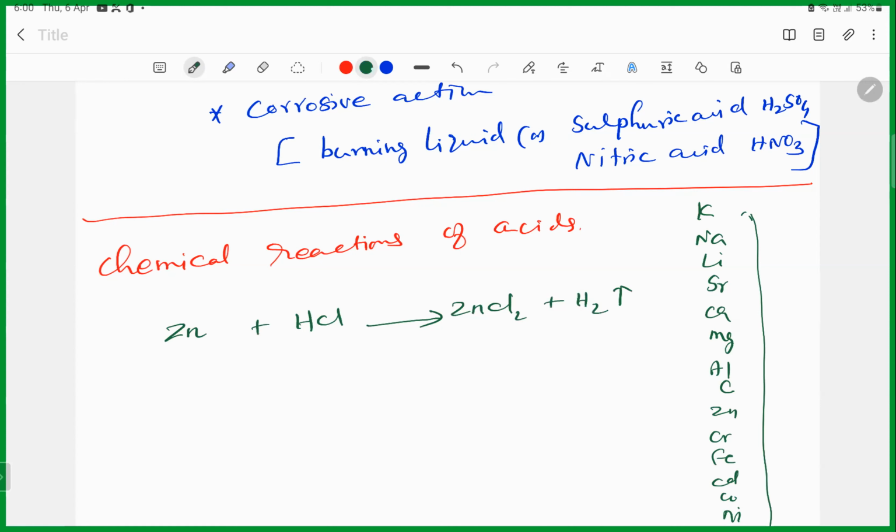So how to write this: you put zinc as a solid, HCl is aqueous, zinc chloride is aqueous, and hydrogen is a gas. That is the first reaction. The next reaction: sodium metal, which metals did I mention? Potassium, sodium, and calcium. Sodium reacts with HCl, so you have to equalize.